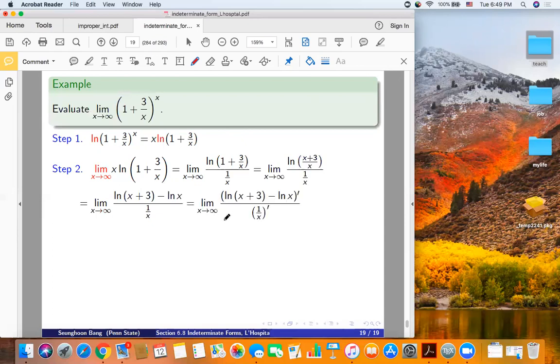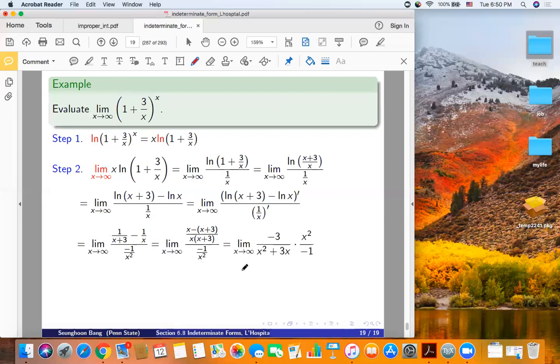Next, take the derivative. The top one is the derivative of x plus 3 over x plus 3, which is 1 over x plus 3. ln of x prime is 1 over x. The derivative of 1 over x is minus 1 over x squared. And combine: you can multiply by x, and multiply by x plus 3. So like this, we have it.